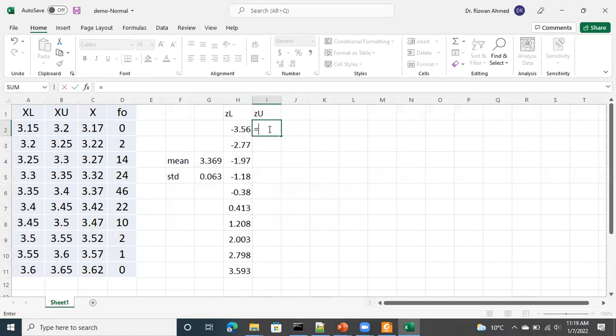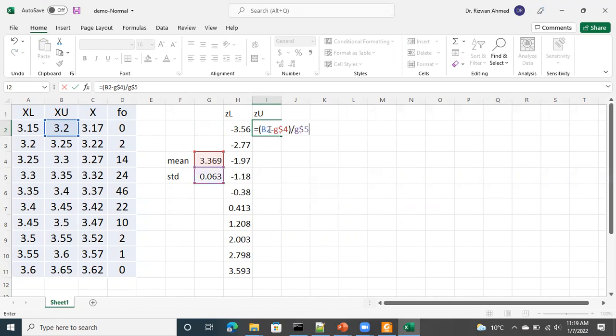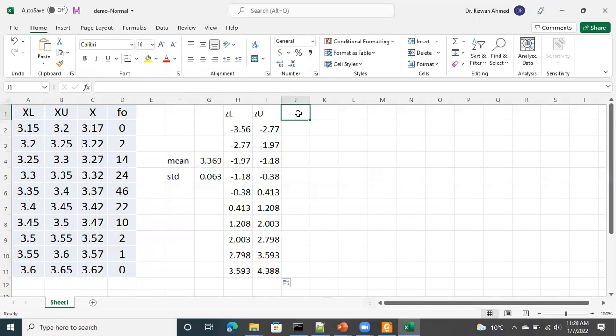Observed frequencies are in column D. Now for ZU, I will do the same thing: XU minus the mean value, X minus mu over sigma, which is G$5. I repeat these computations of Z values, and now the probability. I have to compute the probability up to the upper limit minus the lower limit. That will give me the probability of the interval.